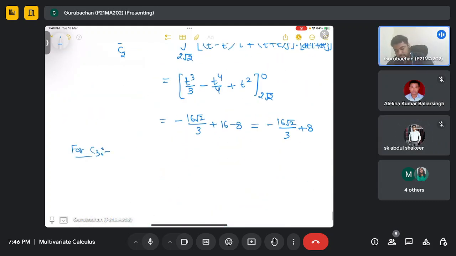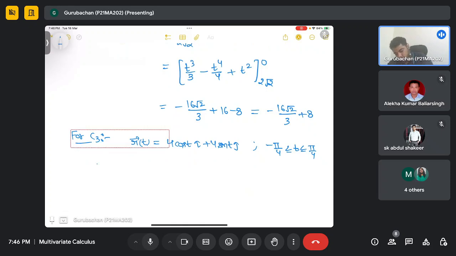So we can consider r(t) as 4 cos t i cap plus 4 sin t j cap, where t varies from minus pi by 4 to plus pi by 4.